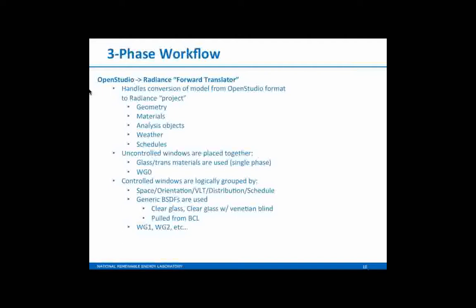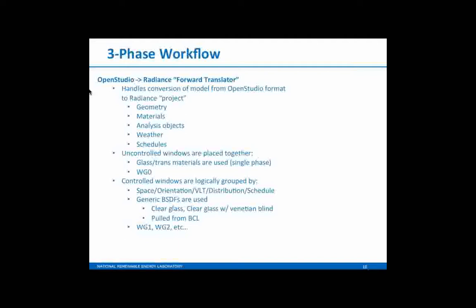So we lump everything together based on these criteria: is it in a unique space, a unique orientation, a unique visible light transmittance, a distribution, is it diffuse or clear, for example, and is it on a different schedule than its neighbor? All those things dictate a separate bin. So you could have five windows facing south, and they still could be assigned different parameters, so they get lumped further. All of these things happen automatically.